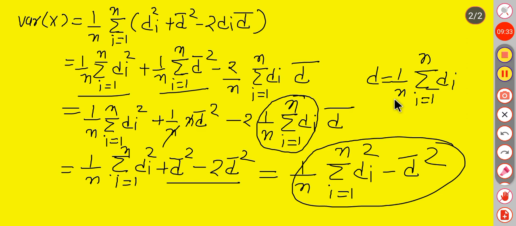This is a technique we can use to reduce the large values of x, but the result would be the same. I hope you understood this concept. This is just how you can reduce large values into small values, so that it would not be tedious and time consuming, and you can find the variance easily.